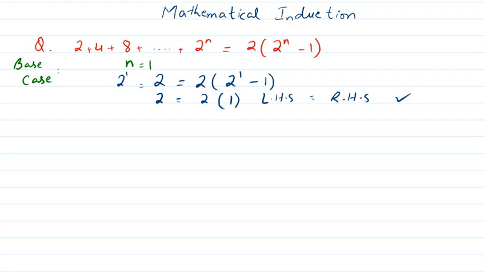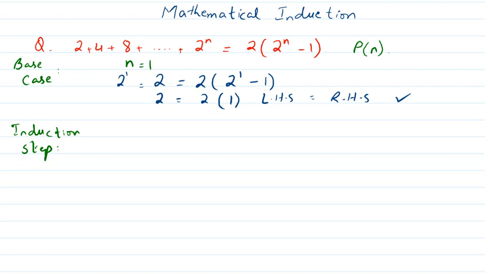Now the second one is the induction step. The induction step starts with an assumption that the given predicate P of n, or this given proposition, is true.